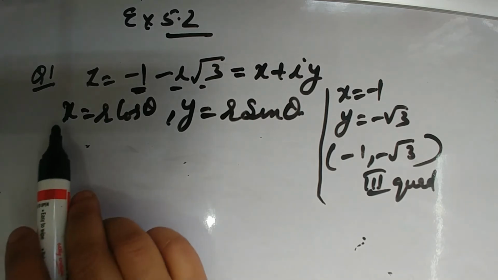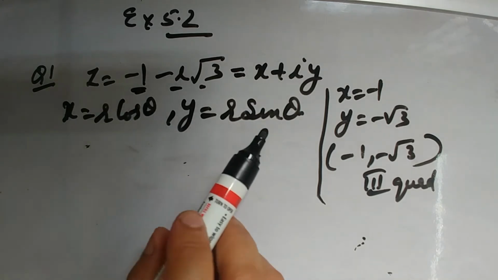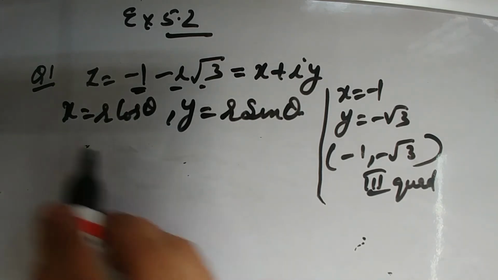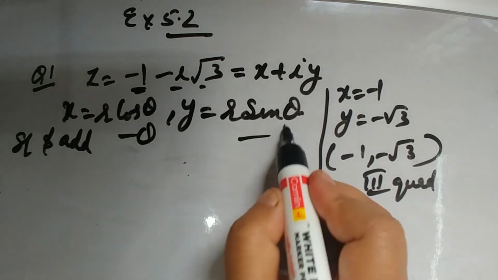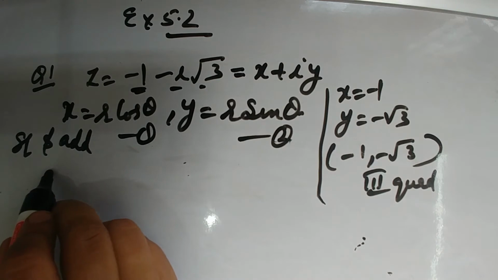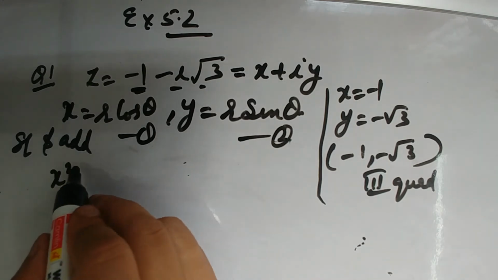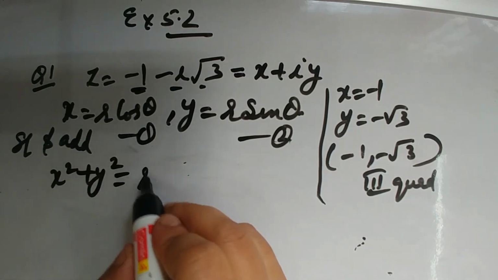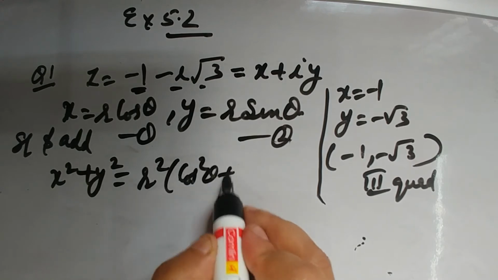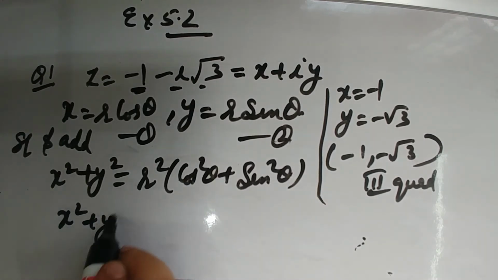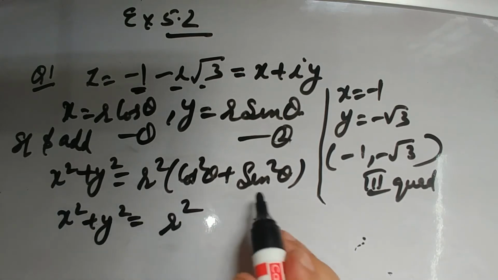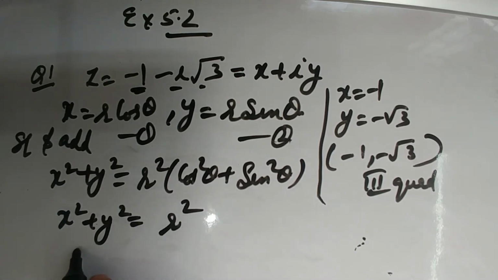Now start with x equal to r cos theta and y equal to r sin theta. Okay, squaring and adding, see, this is 1, this is 2. I'll get x square on the left and on the right r square times cos square theta plus sin square theta. So I'll get x square plus y square equal to r square, as cos square theta plus sin square theta is 1.